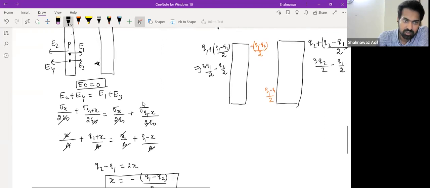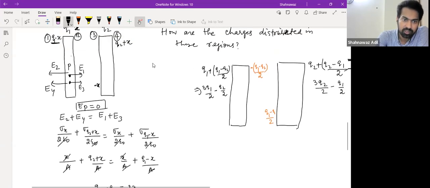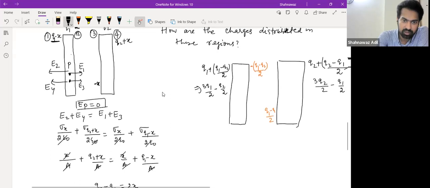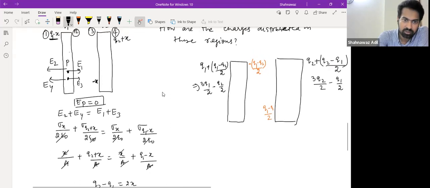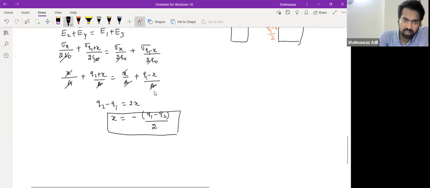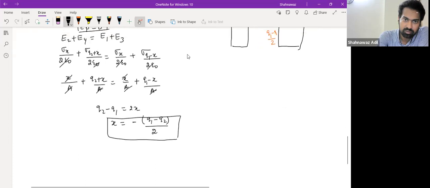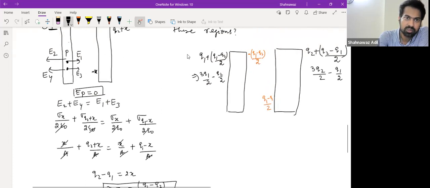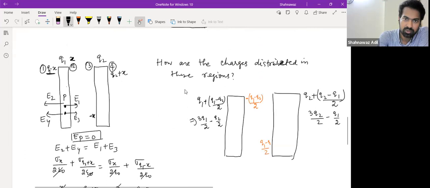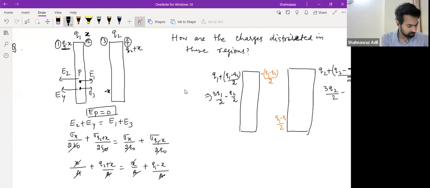So E2 is sigma x, so x plus q2, and this is x plus q1 minus x. So this is 2x and q2 minus q1. So this is correct. So why am I getting this?